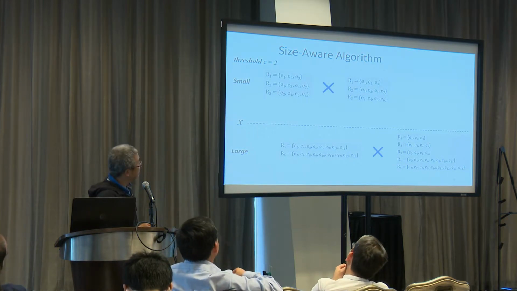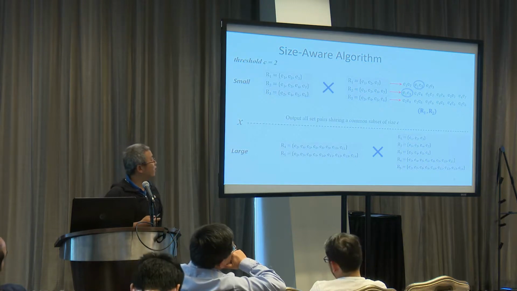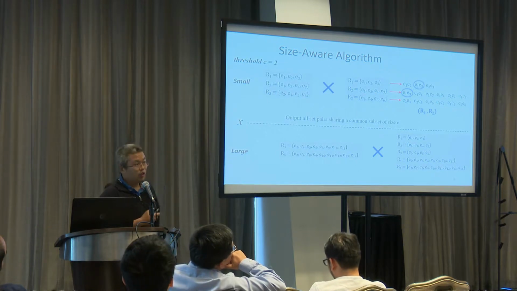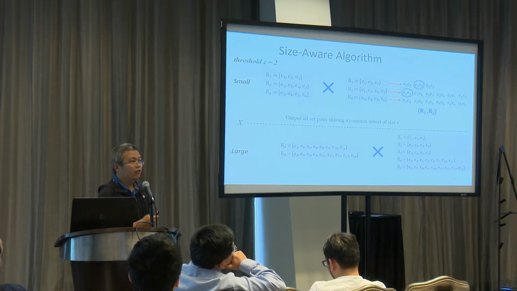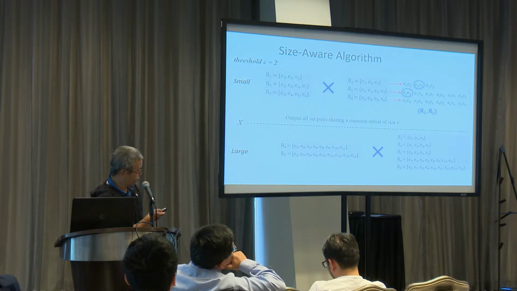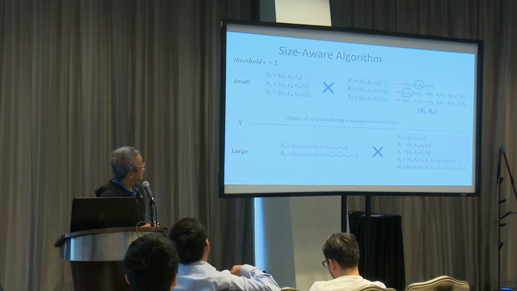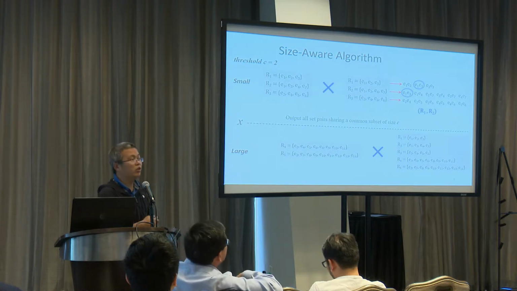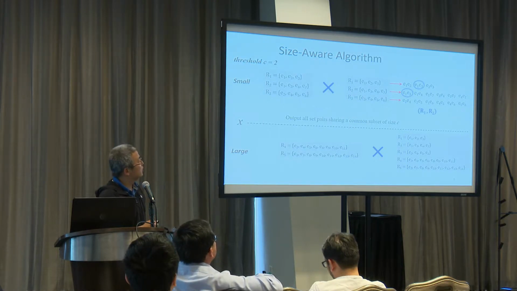For the small sets, we use an enumeration-based method. For each set, we generate all its c-size subsets. For example, for R1, we generate all the two-size subsets, and for R2, we also generate the 2-size subsets.